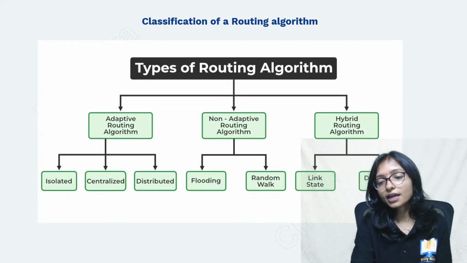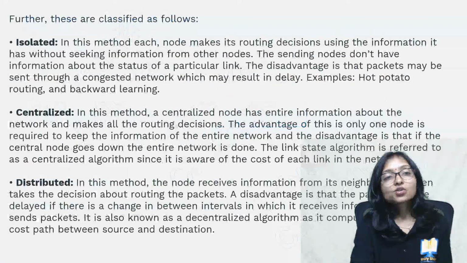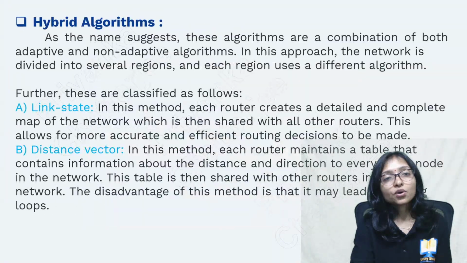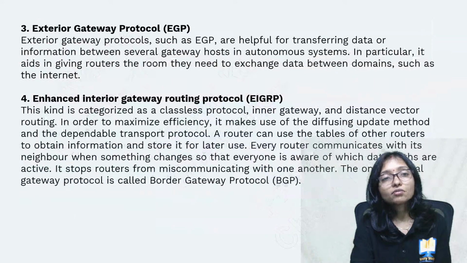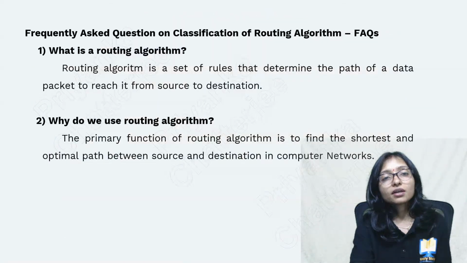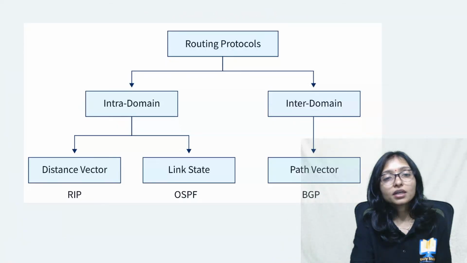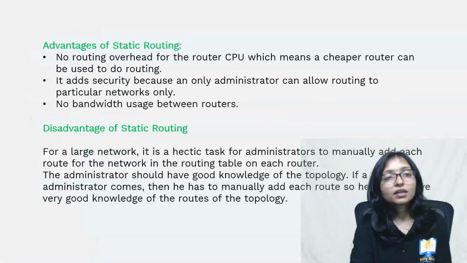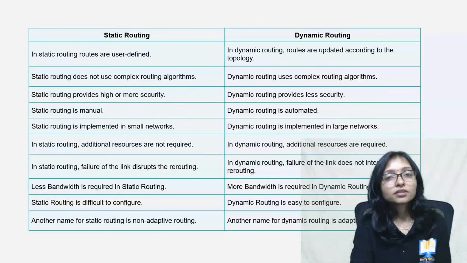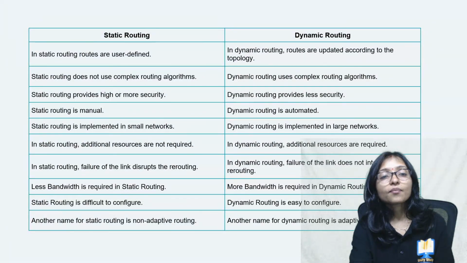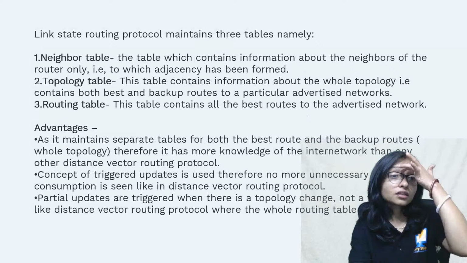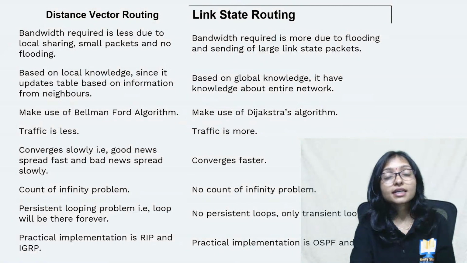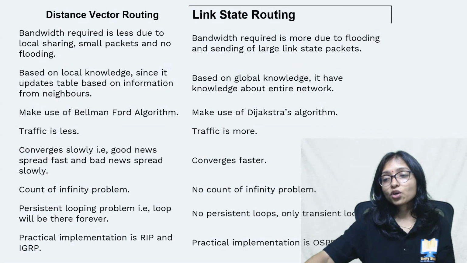Under non-adaptive it is flooding and so on. And what was your question here? It was coming from interdomain, intradomain, static and dynamic routing, and link state. Yes, link state and distance vector. This is the main topic here.